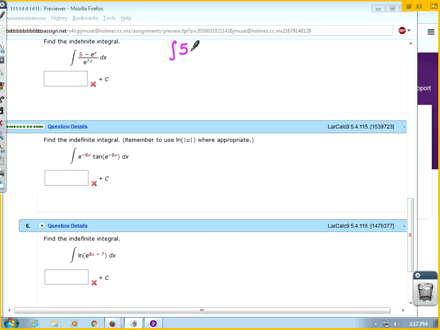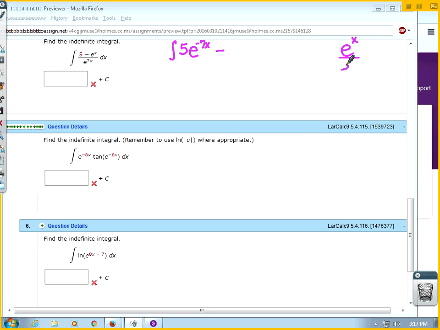So this would be the integral of 5 over e to the 7x. I'm going to bring that e up to the numerator and make it e to the negative 7x. Minus, and then e to the x over e to the 7x.